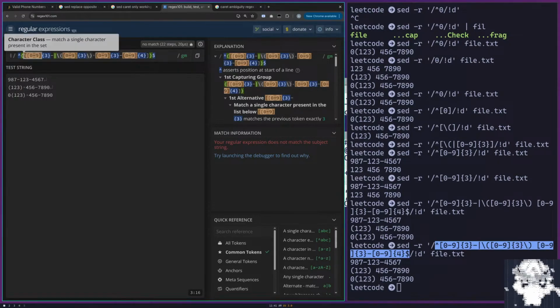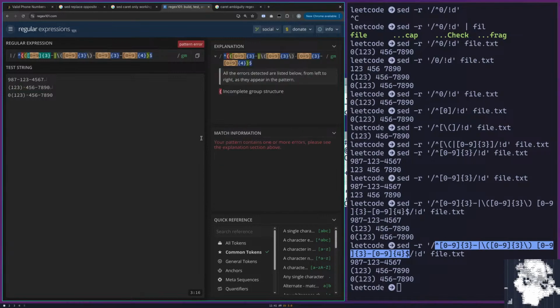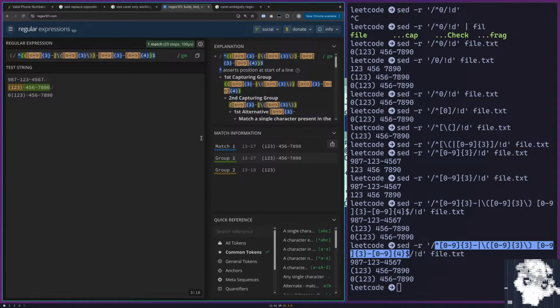So what if we simplify? Oh wait, I still have this square brace for no reason. And I have this extra square brace. So I can say this or this.